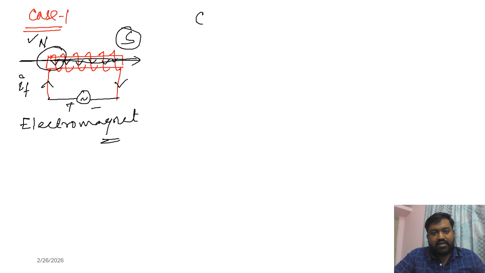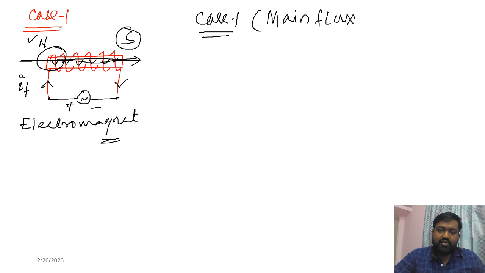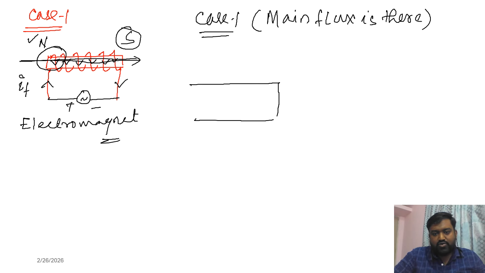Now come to the point, we will discuss case one. In case one, you consider only the main flux, with no armature. Draw the circuit diagram by which you can understand. Suppose there are two plates.